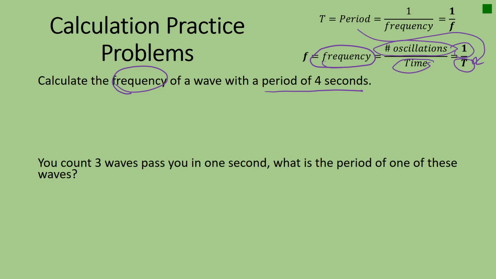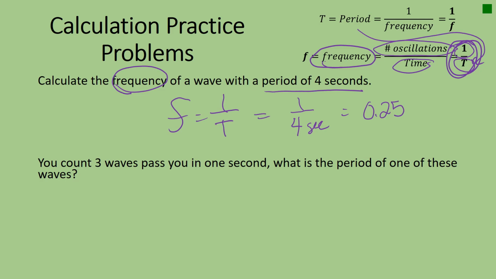So what I'm going to do is I'm going to use this second formula because I don't know the number of oscillations. It doesn't give me that, but it does give me my period. So what I'm going to do is I'm going to say frequency equals 1 over capital T, which is equal to 1 over 4 seconds, which equals 0.25. And then we'll talk about units in a little bit.